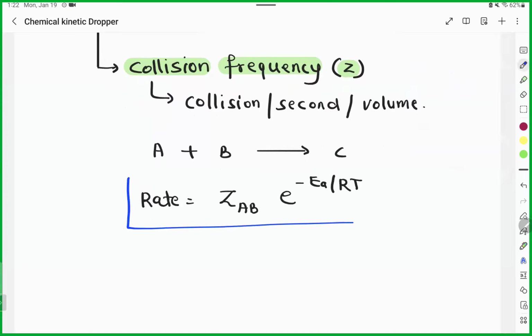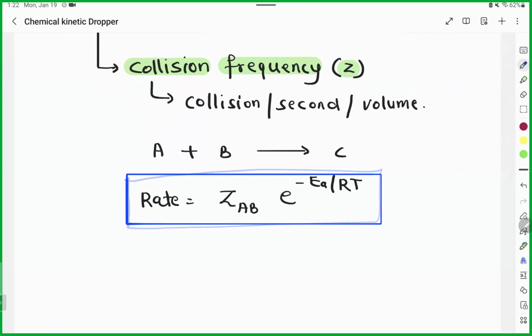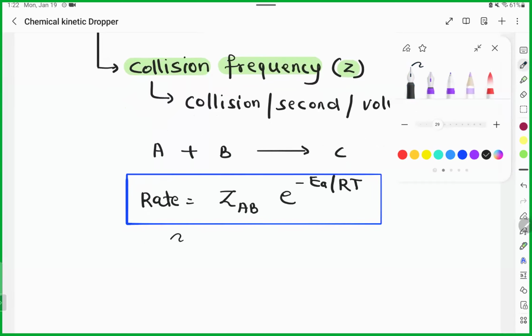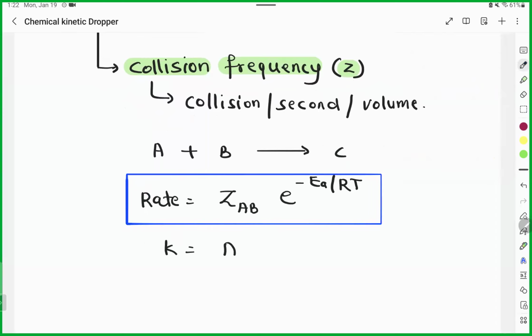Correct? Does it look very close to the Arrhenius equation? Because in the Arrhenius equation, we had k equal to A e raised to power minus Ea by RT.